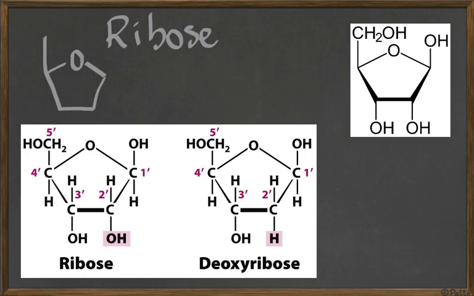And if you want to start paying attention to this, we're going to be seeing this in the near future. This is carbon 1, carbon 2, carbon 3, carbon 4, and carbon 5. The carbon numbering starts on the opposite side of the side branch carbon. The difference between deoxyribose and ribose is the lack of oxygen in deoxyribose in carbon 2.